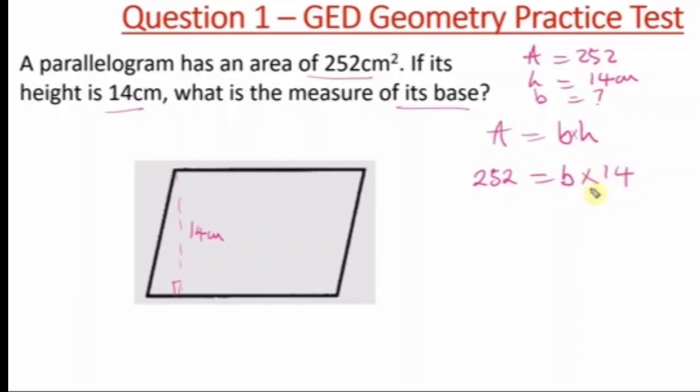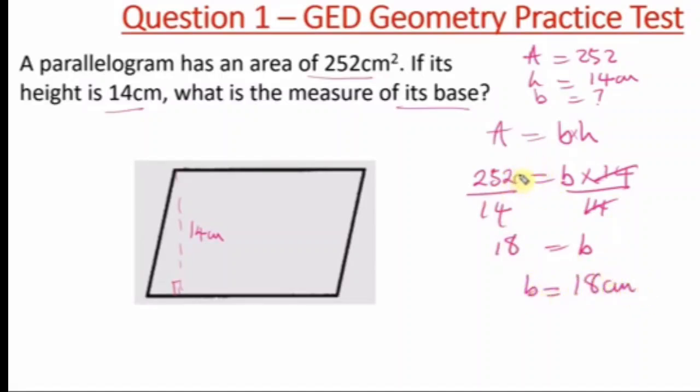So to get our B, we divide both sides by 14. This 14 will cancel out, and we're left with just B. And 252 divided by 14 is 18. So B is equal to 18 centimeters.